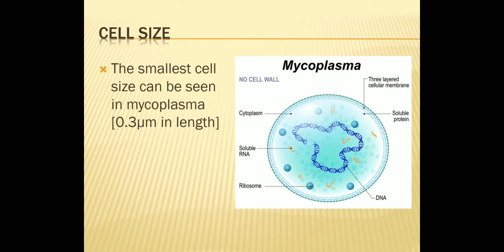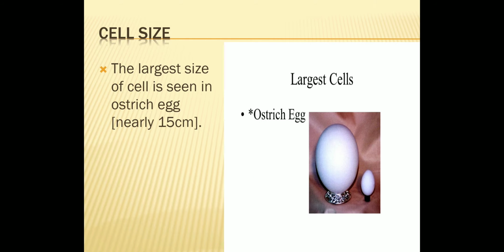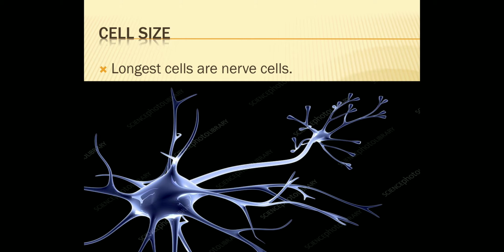The smallest cell is Mycoplasma, and the size is about 0.3 micrometer in length. Bacterial cell size is 3 to 5 micrometer, while the largest cell is seen in the ostrich egg, which is nearly 15 centimeter. Longest cells are nerve cells.